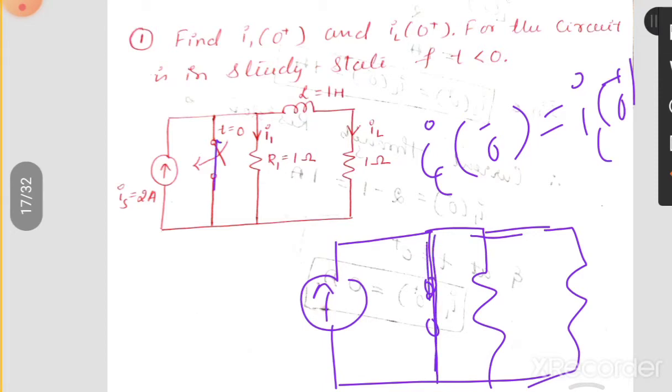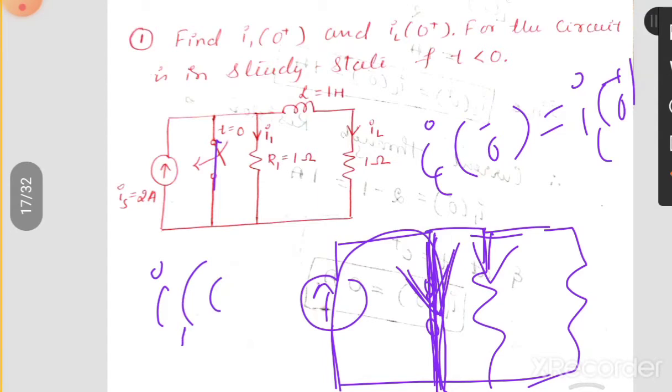So what about this? There is a short circuit across this resistance. Whenever you get a short circuit, remember the entire current flows through this. There is no current flowing through this R1. Therefore, I1 of 0 plus will be equal to 0 ampere because there is a short circuit.